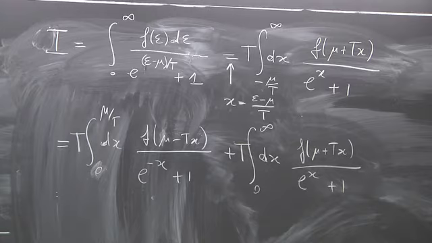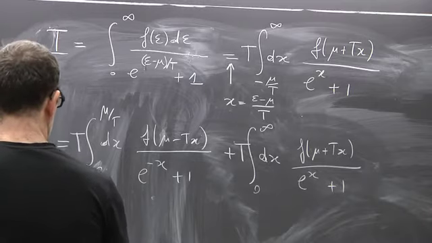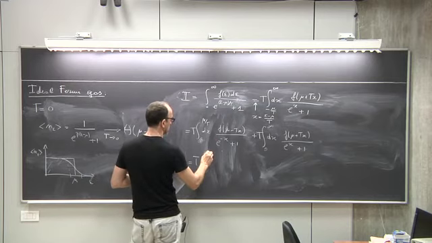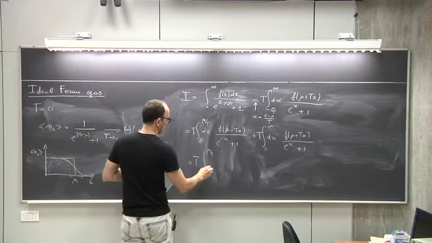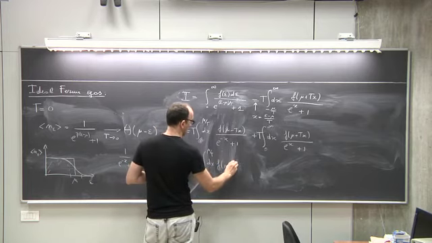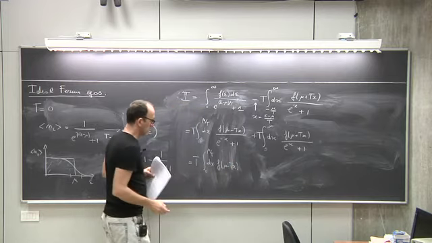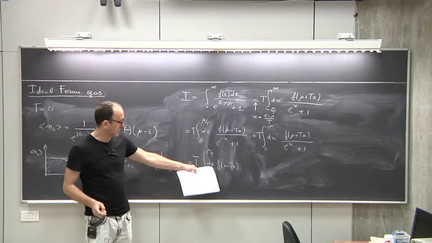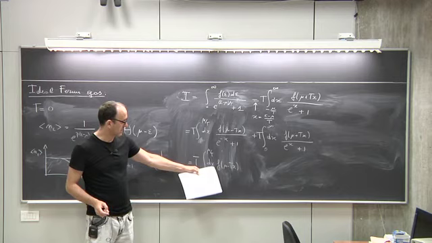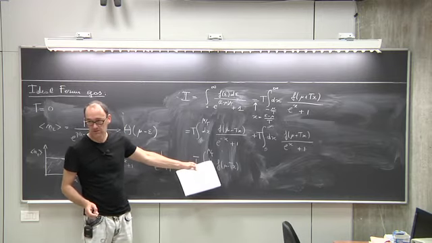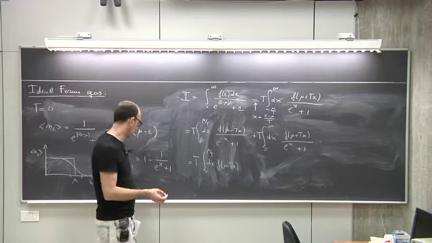Now, the first term, if I make this change here, so in this first term, I can change back the integration from x to epsilon, which is t times x.